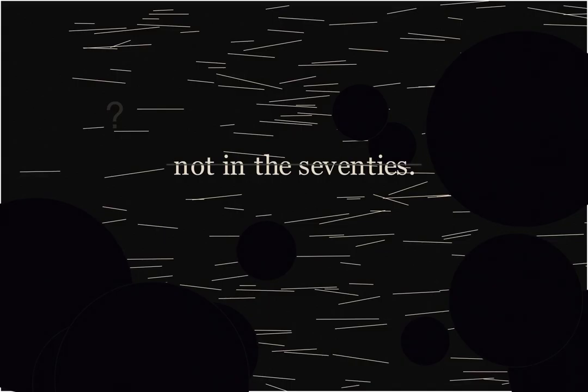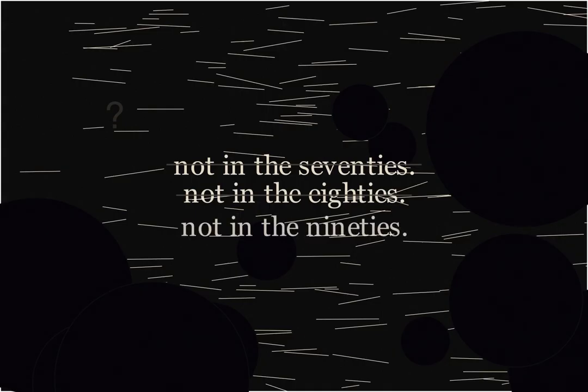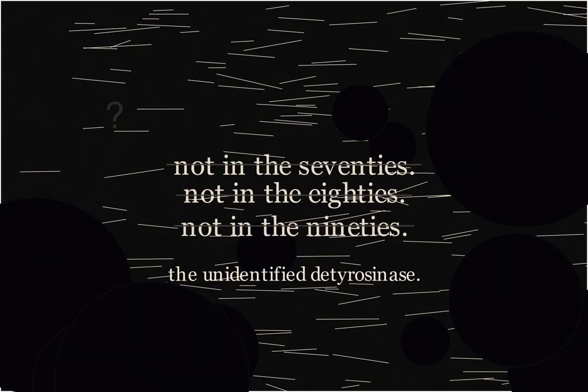Not in the 70s, not in the 80s, not in the 90s. Generations of researchers retired from the hunt. The D-tyrosinase became the field's famous missing person, an enzyme whose work was everywhere and whose face was nowhere. A great review written in 2014 could still only call it the unidentified D-tyrosinase. 40 years went by like that.